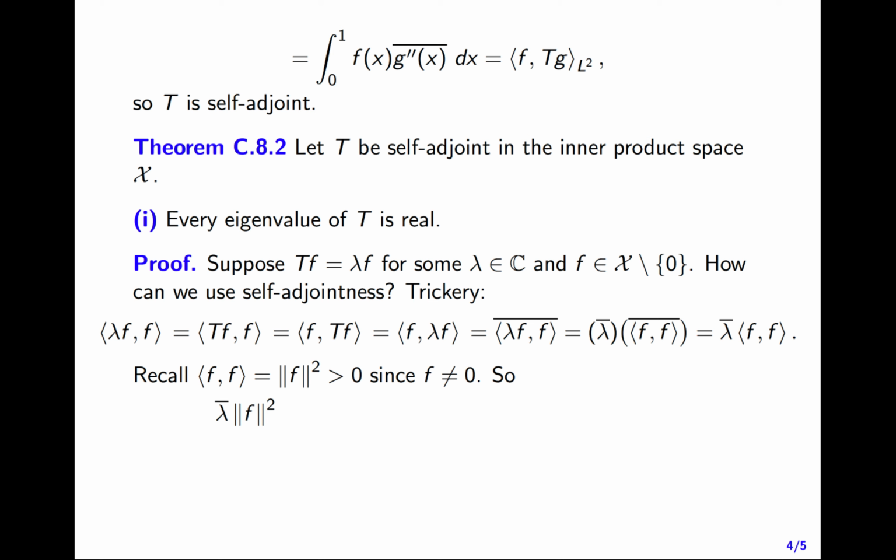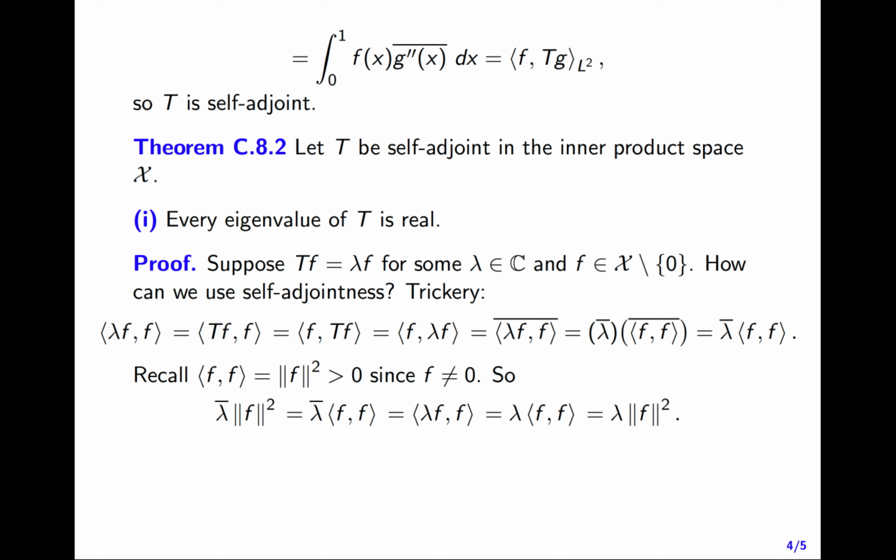From the right side, I have lambda bar norm F squared is equal to lambda bar times the inner product of F with F. That's my left side above rewritten. But that's lambda F inner producted with F, or just lambda times the inner product of F with F, and that's lambda times the norm of F squared.